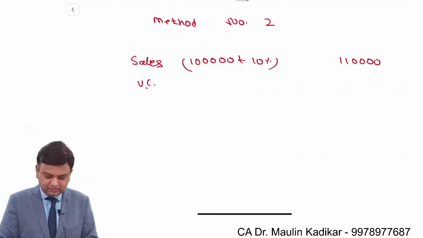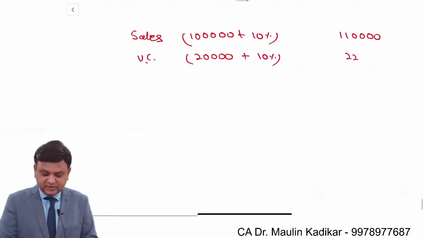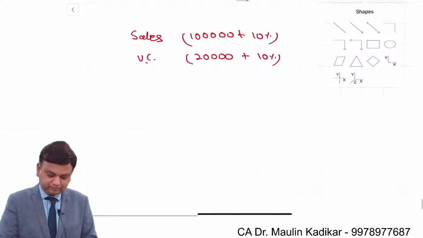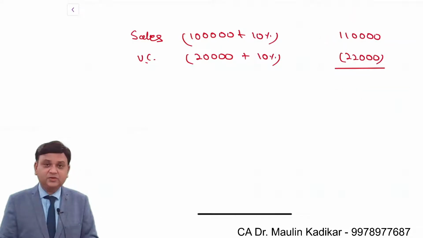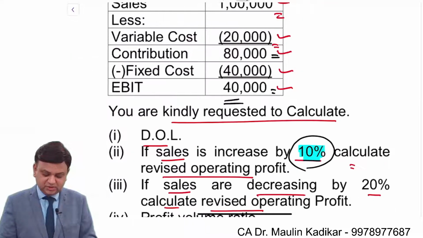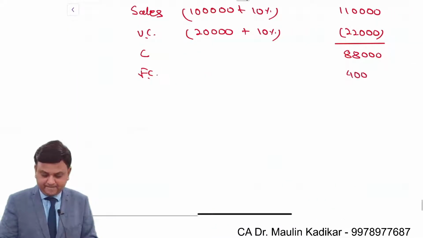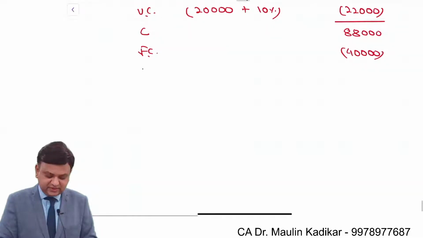Variable cost is 20,000 plus 10 percentage, that is 22,000. Difference of both of them is contribution, that is 88,000. The amount of the fixed cost is not going to change, that is 40,000. And with that we can find the revised EBIT. It is an amount of 48,000.